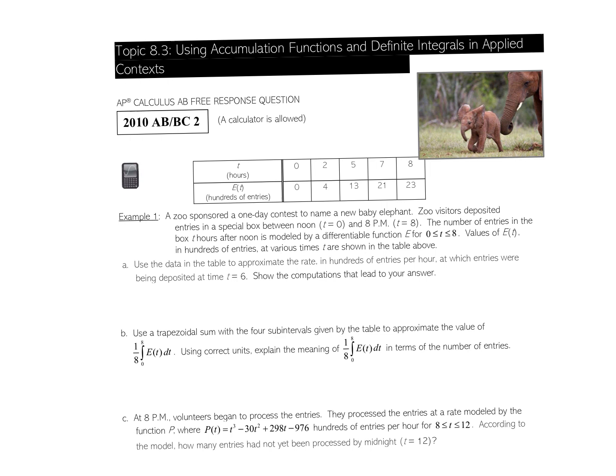So we're going to use the data in the table to approximate the rate in hundreds of entries per hour at which entries were being deposited at time 6. Time 6 obviously is not on there, but we can find the rate by finding E prime.